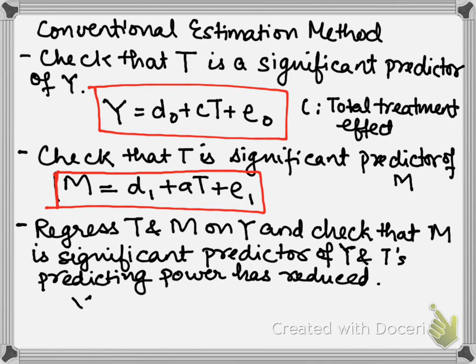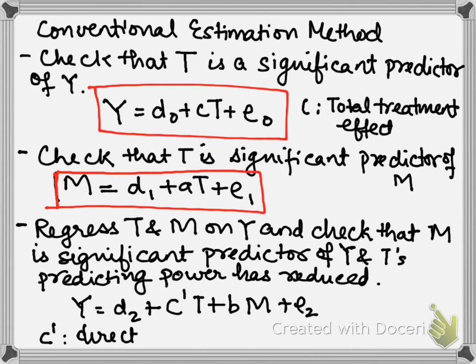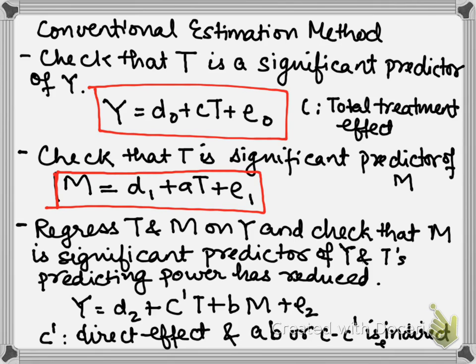So you will fit a model Y equals D2 plus C prime T plus BM plus some error term. Now C prime here is the direct effect that we are talking about, and AB if you are using the product method, or C minus C prime if you are using the difference method, is the indirect effect.